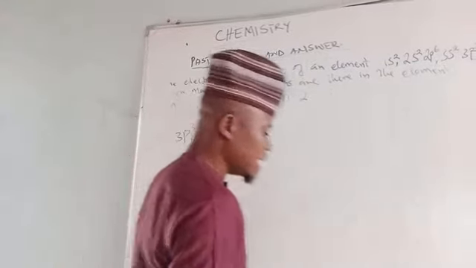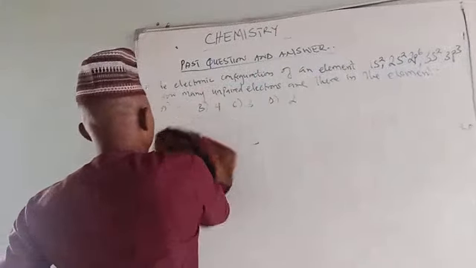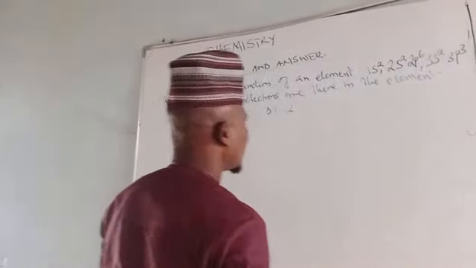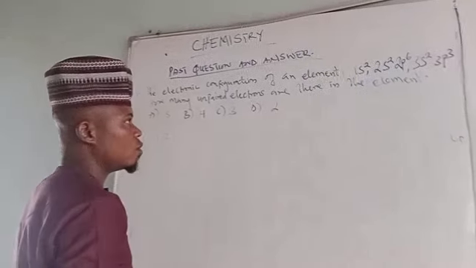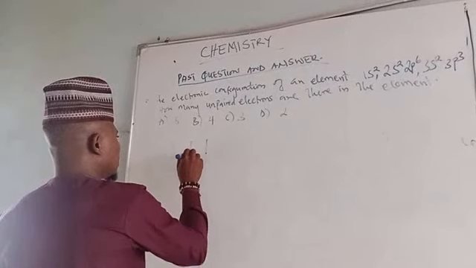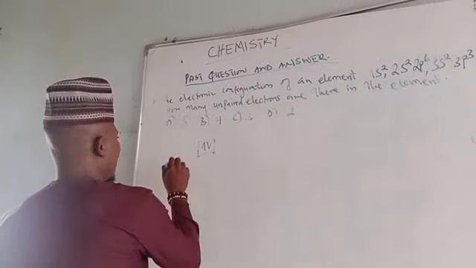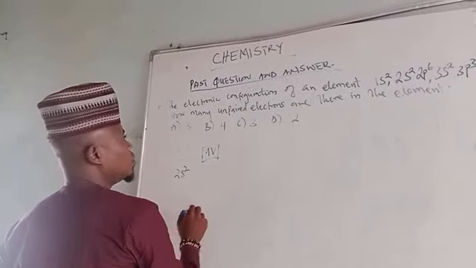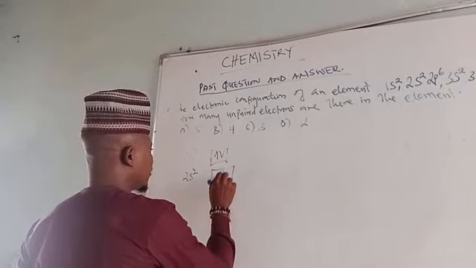But for understanding, let's do the whole configuration so that you know the number of unpaired electrons. We have 1s2. The s sub-level has only 1 orbital, so the 1s2 electrons will be there. We have 2s2, 1 orbital, so the 2 electrons will be here.